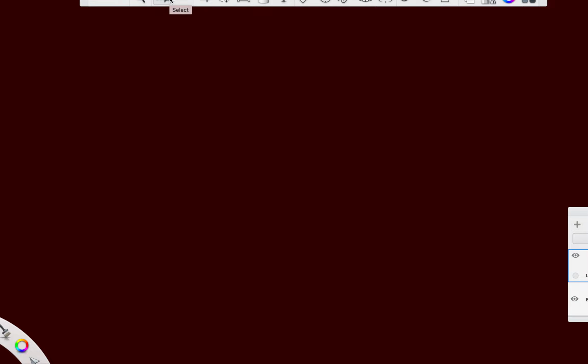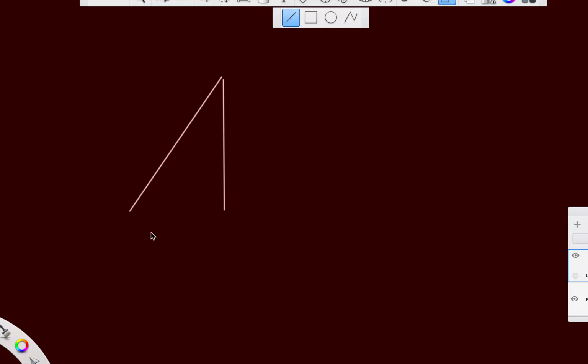Let's just work with simple SOHCAHTOA. And so if I have a triangle, let's see if I can build a triangle. Let's use lines. We're going to have a right triangle. There it is.